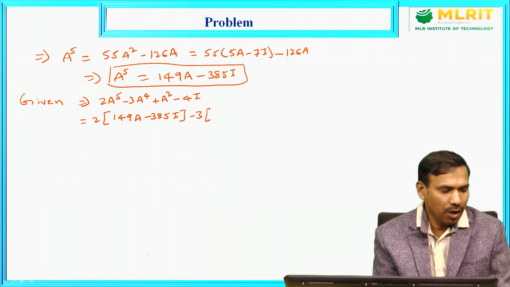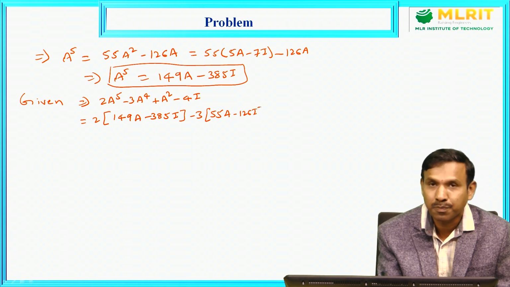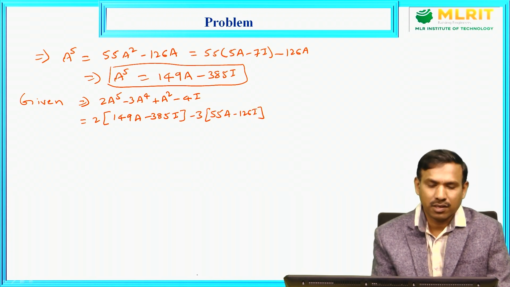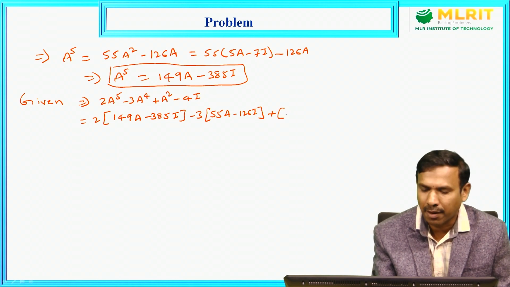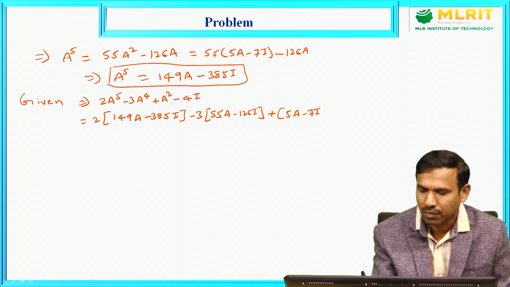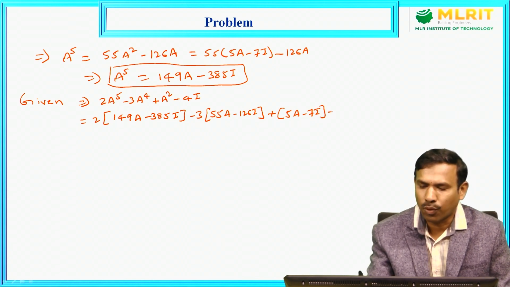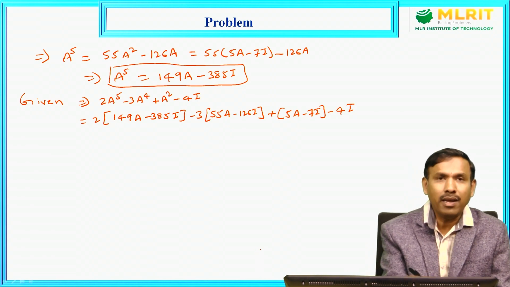What is the a power 4 value? Earlier we have in the slide, that is 55a minus 126i. Next, a square value 5a minus 7i. Next, minus 4i, right? A power 5, what we replace?